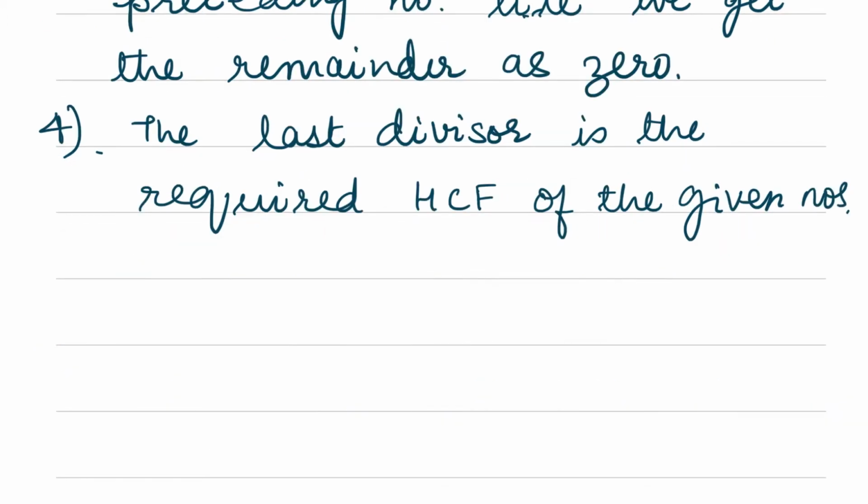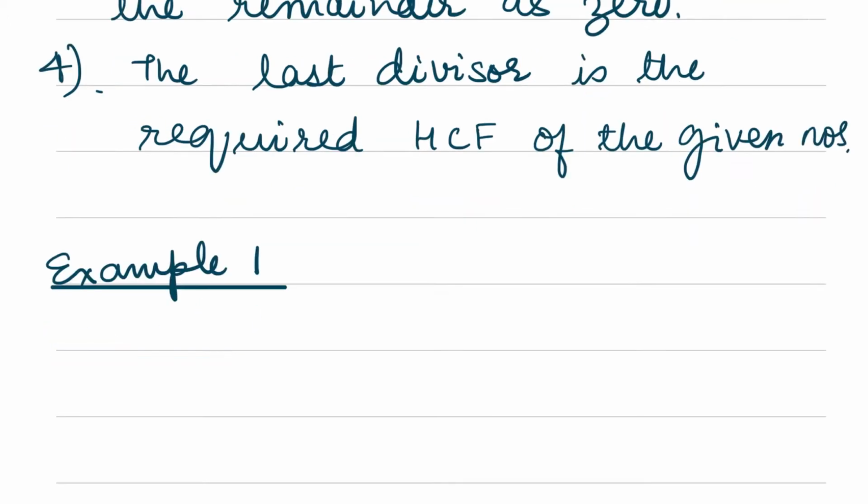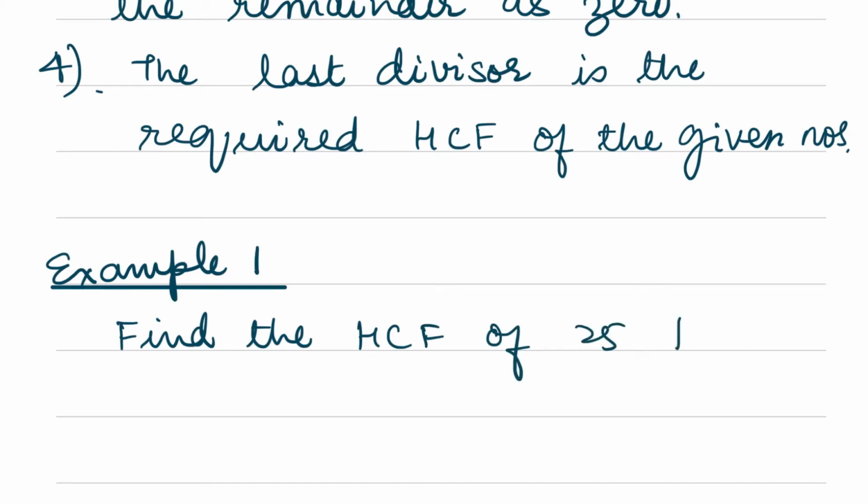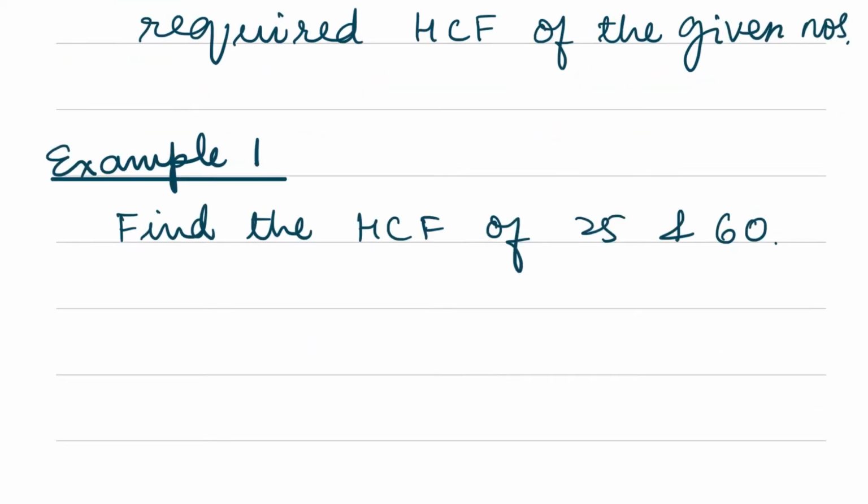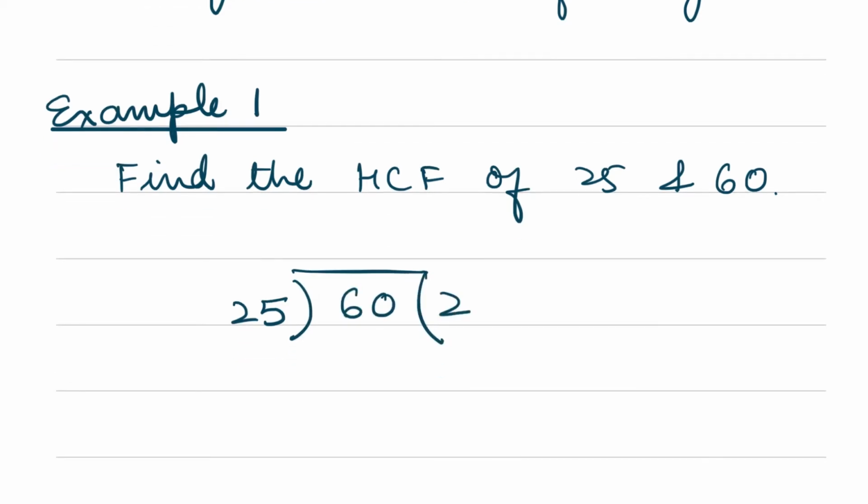Let's take few examples. So example 1. We need to find the HCF of 25 and 60. Let's follow the steps. So the smaller number is the divisor and the larger number is the dividend, and we need to divide. So 25 2 times 50, we get 10 here. Now this 10 becomes the divisor and the previous divisor becomes the dividend.